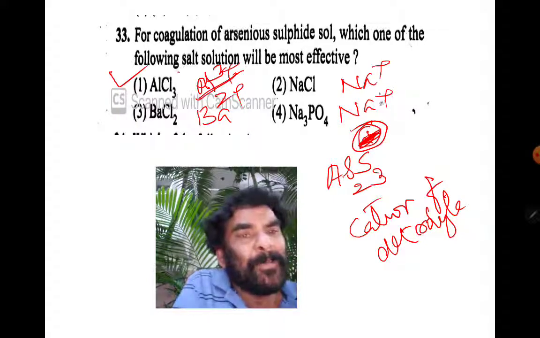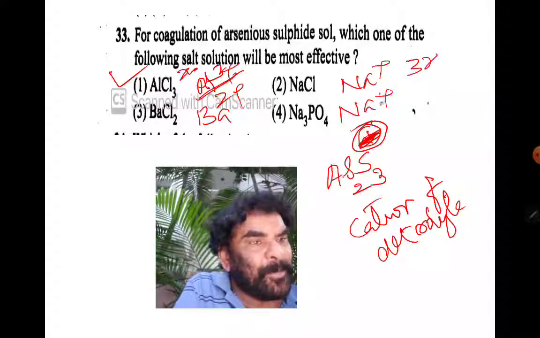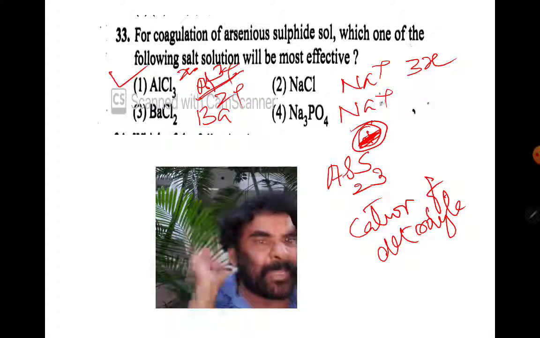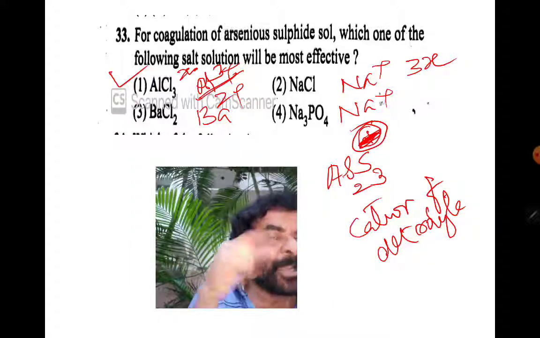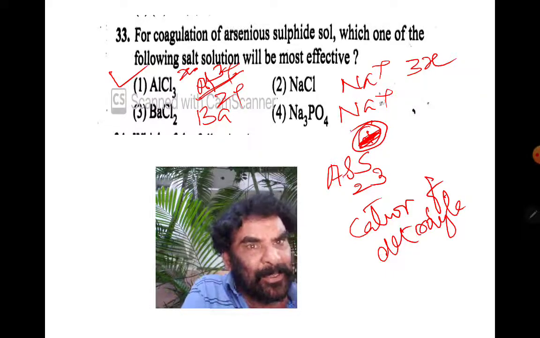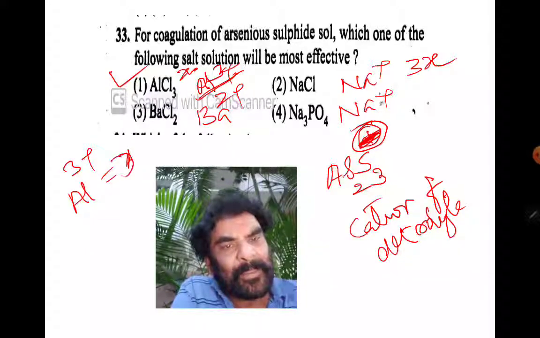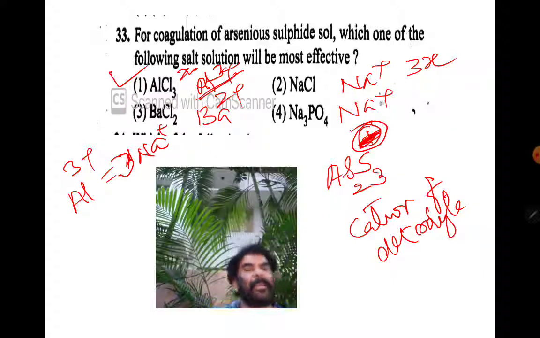If x millimoles of aluminum chloride is required, then 3x millimoles of the sodium salt is required. Each aluminum ion neutralizes 3 units of the negative charge, whereas the sodium ion neutralizes only 1. So Al3+ is equal to 3 Na+; 3 ions are required.